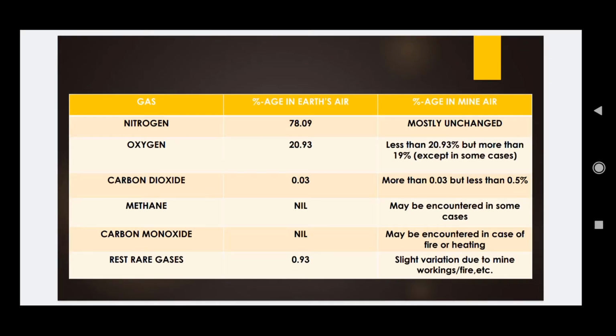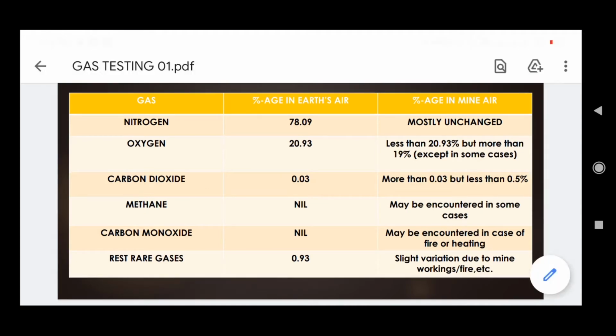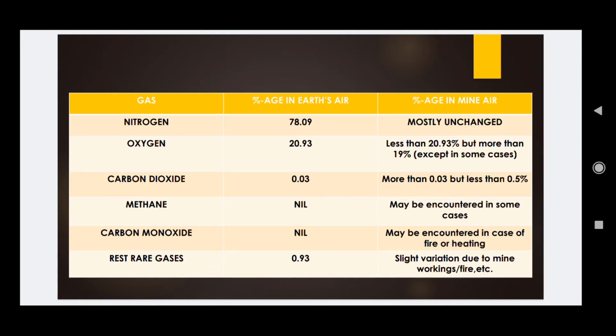Methane gas. This gas is generally not found on the earth's surface in considerable amount, but in the mine air it can be found, that too in a considerable amount. That is in the form of blower, outburst, or if there is a fall and methane gas is trapped in it, then from the cracks in the roof it can come into the working and be added to the mine air. Like methane gas, the same is the case with carbon monoxide.